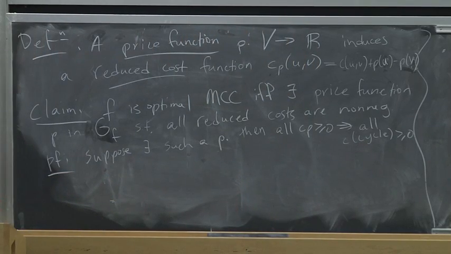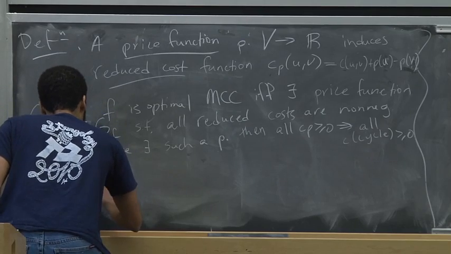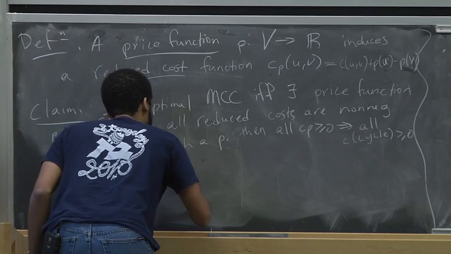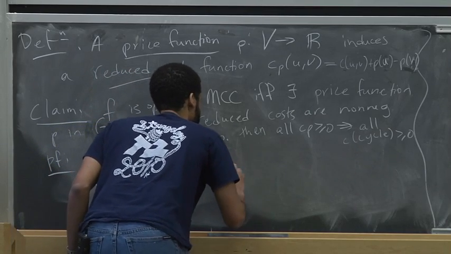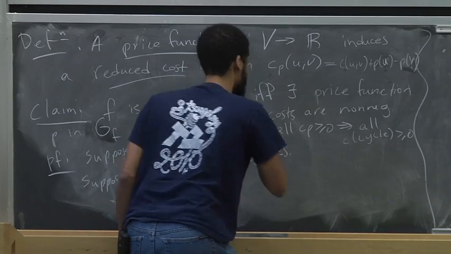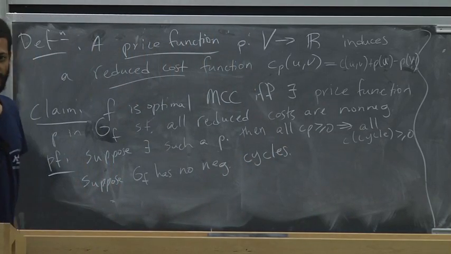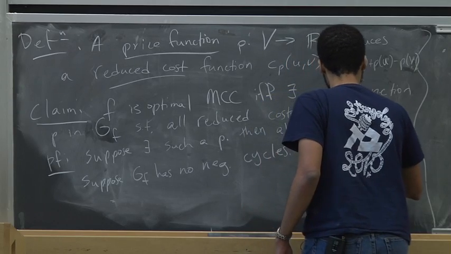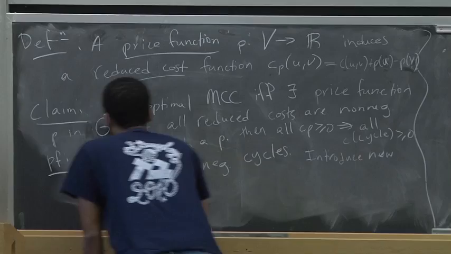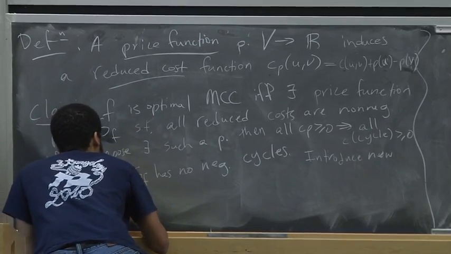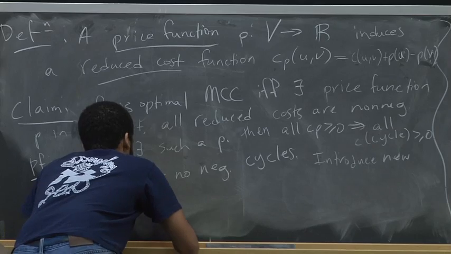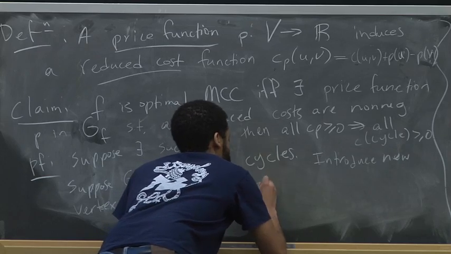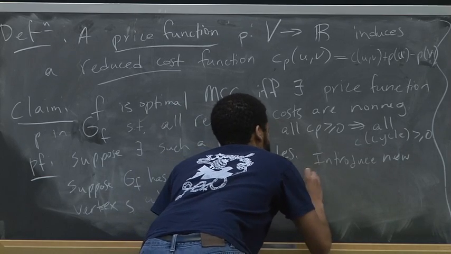How about the other direction? Suppose G_F has no negative cycles. So I'll just tell you what you would do here. Introduce a new vertex S with 0 cost edges to everyone.